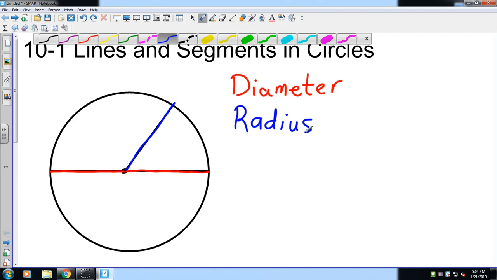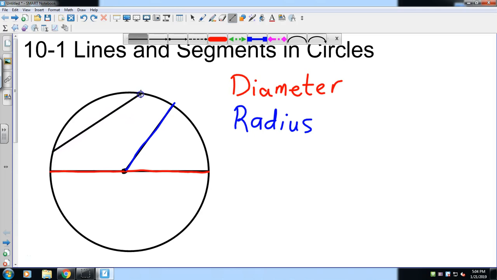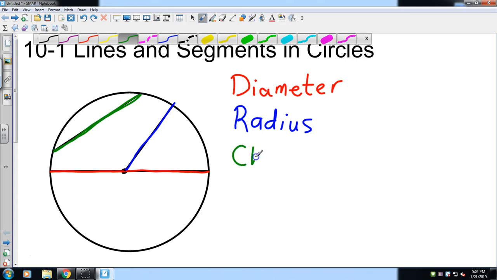Now we're going to go with something that doesn't necessarily go through the center. So let's say we have that segment right there, and I'm going to color that in green. That is called a chord.